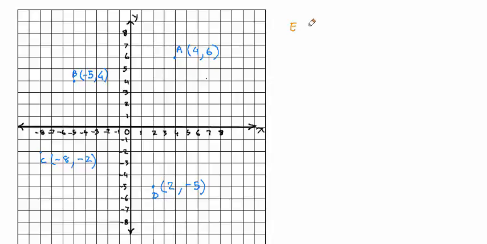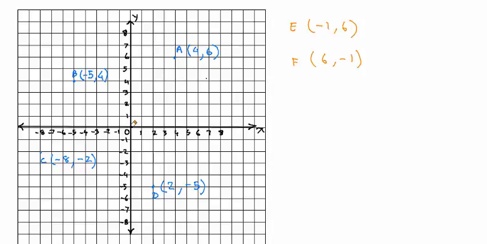Can you plot the points E, let's say negative 1, comma 6, and F, that is 6, comma negative 1 on this coordinate plane? Let's start with E. The x-coordinate of E is negative 1.